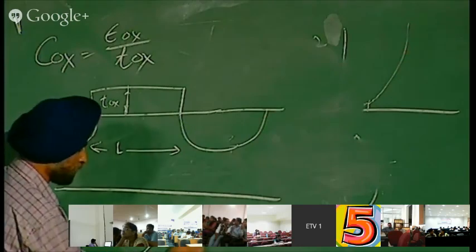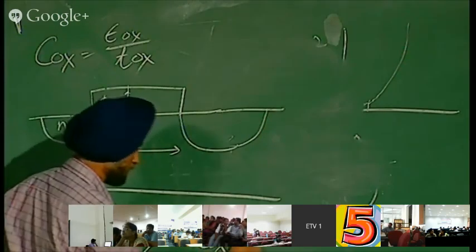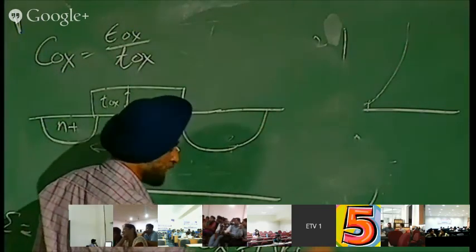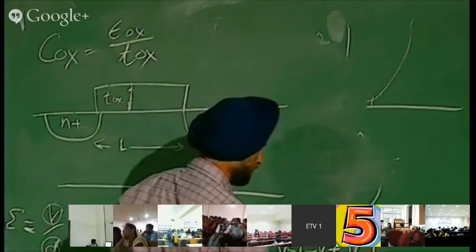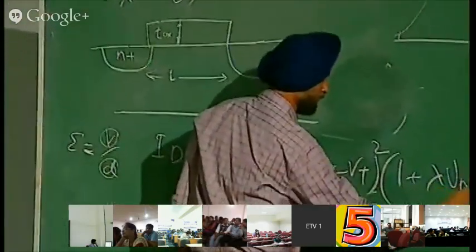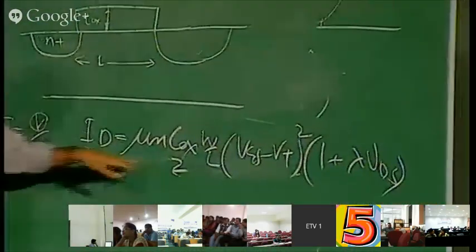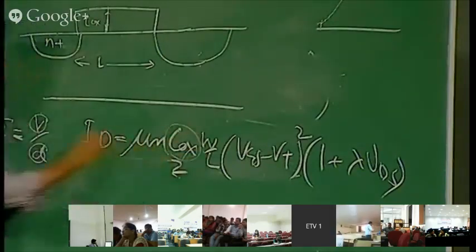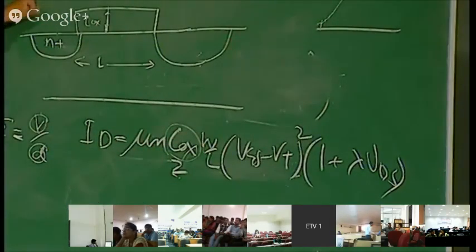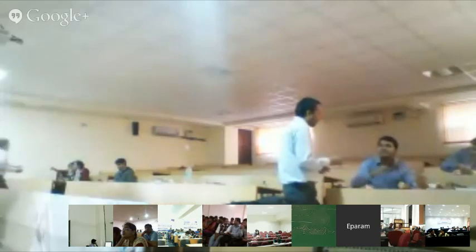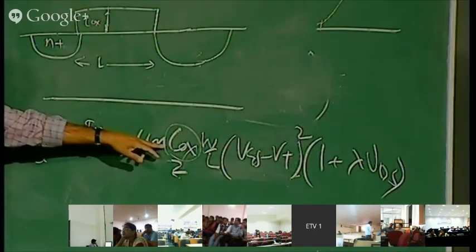ID is mu N Cox W by L times (VGS minus VT) squared, times 1 plus lambda. So this matrix is coming there. You have to increase Cox, then only you will get more current. ID is proportional to Cox.